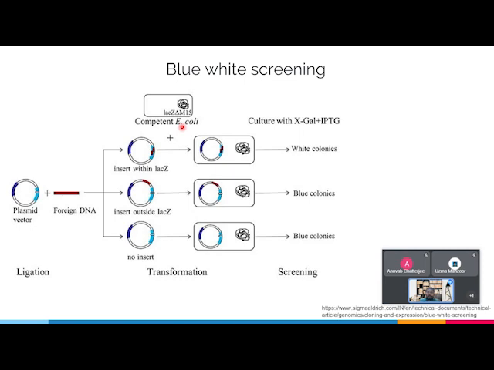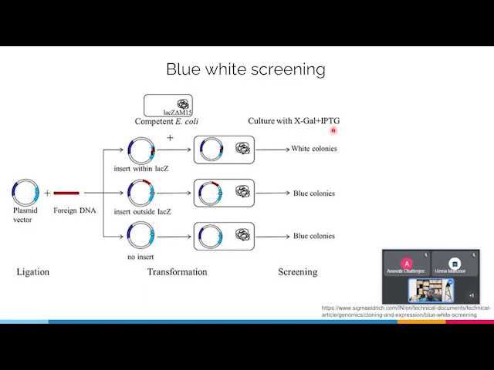Now what you do is you take a substrate known as X-gal, which upon action by beta galactosidase will produce a blue or indigo color, and an inducer of beta galactosidase known as IPTG.